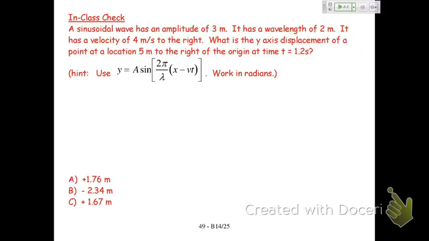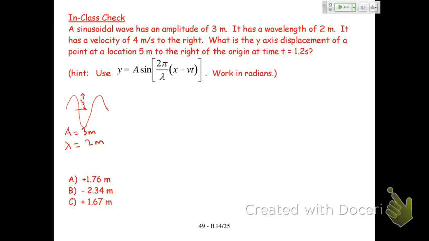A sine wave has a magnitude of 3 meters, so it has an amplitude of 3 meters, from there to there. So A is equal to 3 meters. It has a wavelength, so lambda is equal to 2 meters.